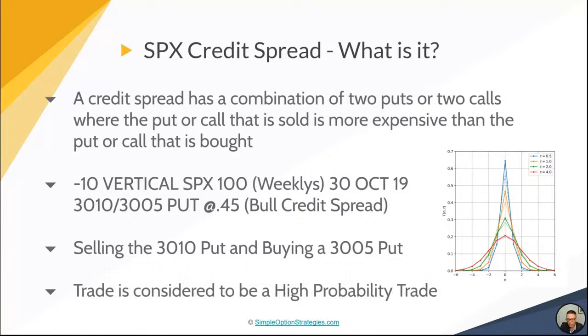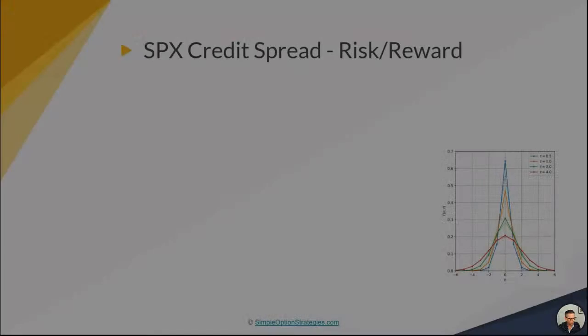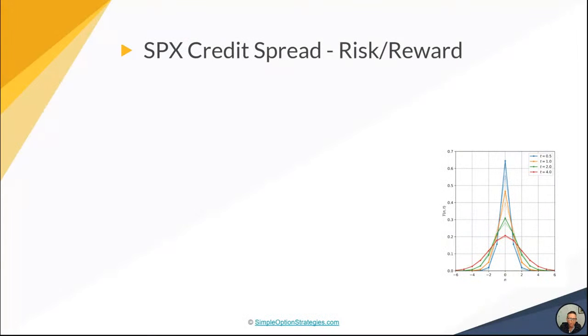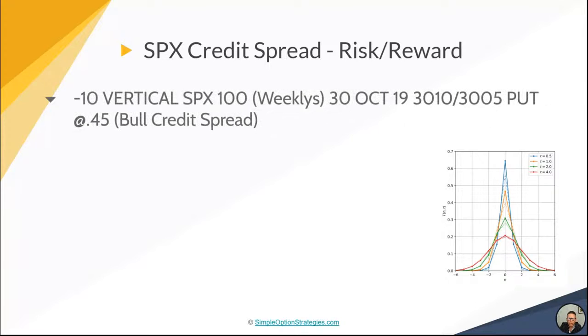The trade is considered to be a high probability trade. However, it has risks, so you trade the high probability for the risk management. In this particular trade, the max loss, and this is 10 contracts, would be $5,000 minus the $450 that you got for the credit.